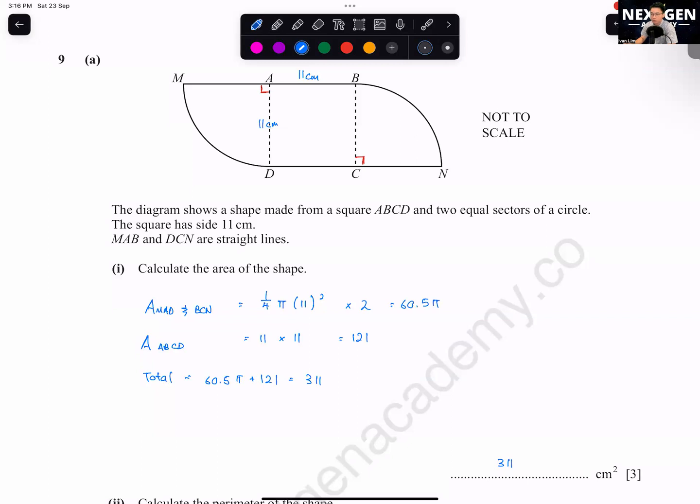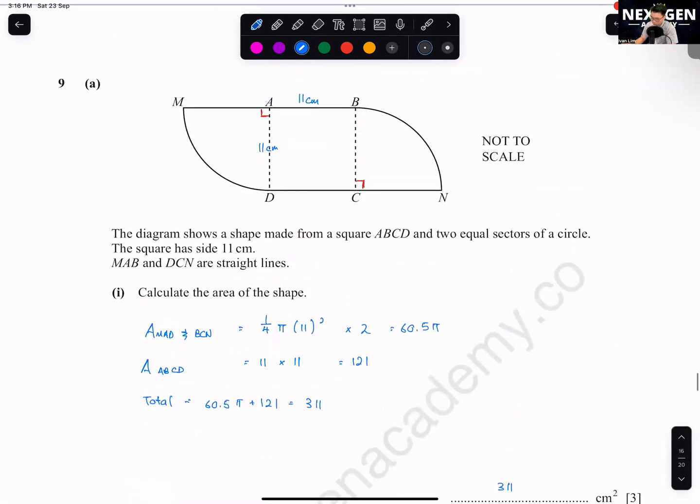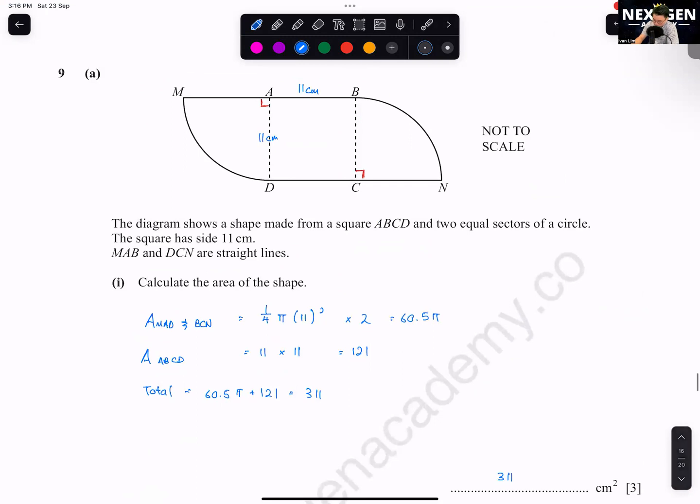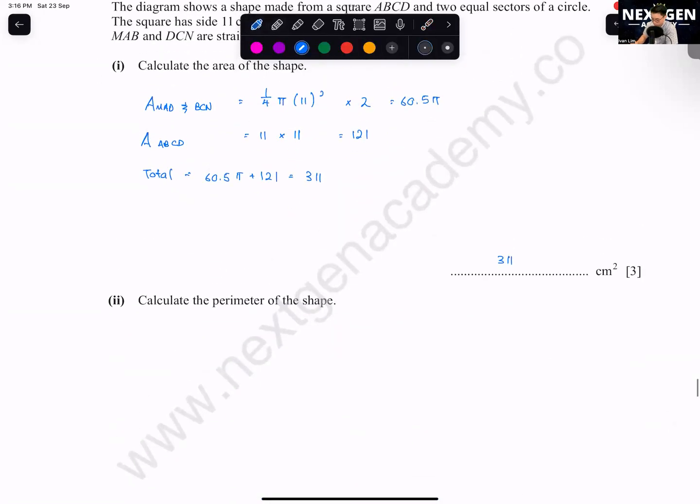Okay, number 2. Calculate the perimeter of the shape. For the perimeter, this is 11, 11, 11, right? So I need to find the arcs, this arc BD and MD. So the arc will be 1 over 4 times 2 pi r.